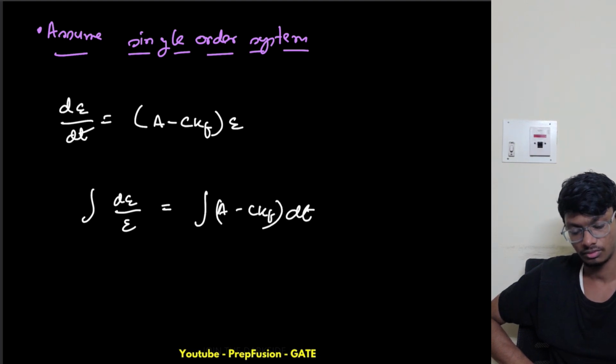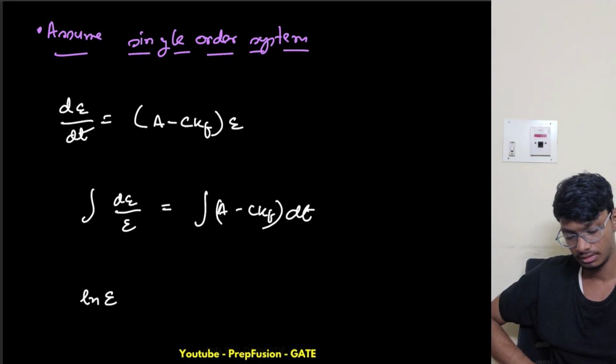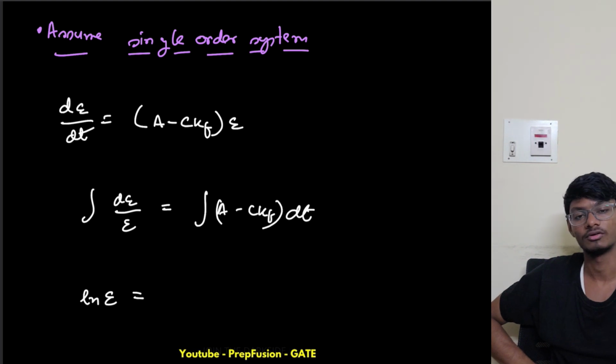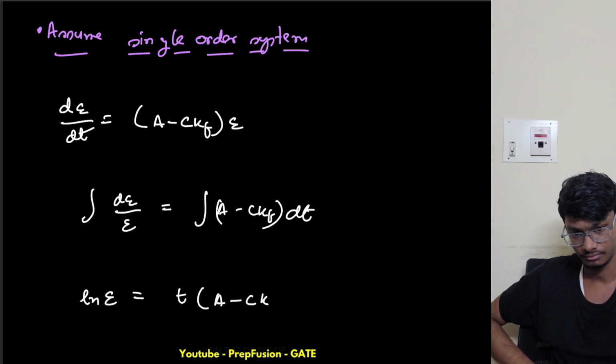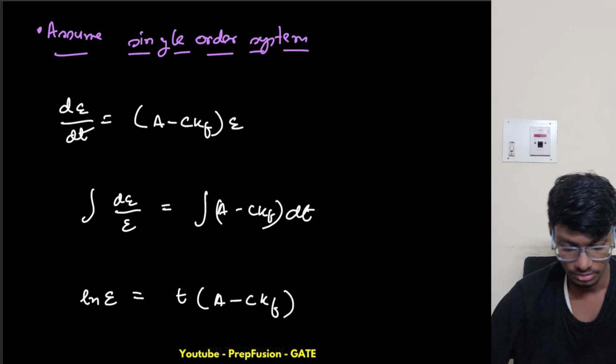Not 0, sorry, this is not time bound, so all this is indefinite. So this is ln of error, and this is simply t times a minus ckf.